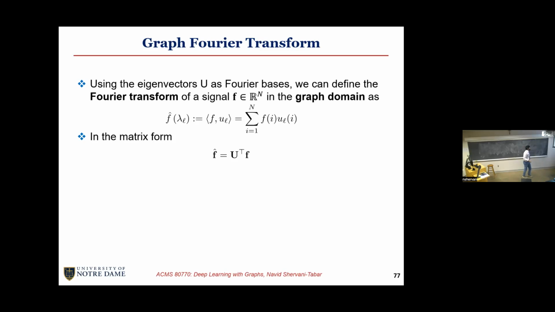So in matrix form, we can write this as U transpose times f, and similarly, we can use eigenvectors to transform this back into the nodal domain.